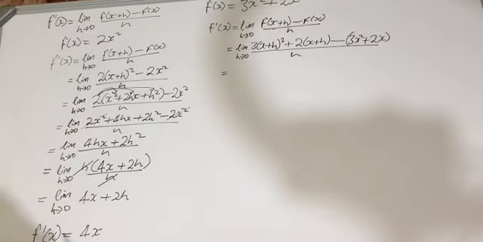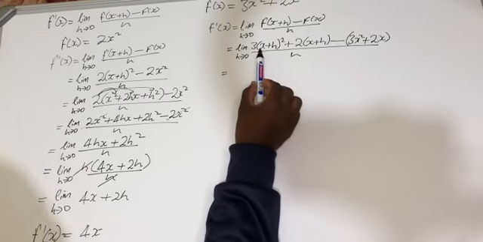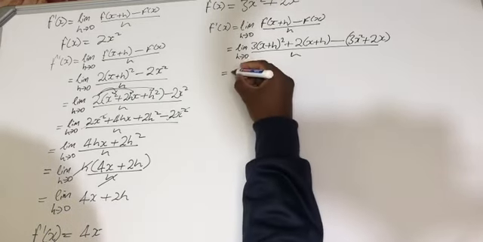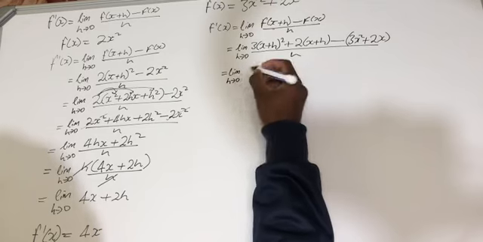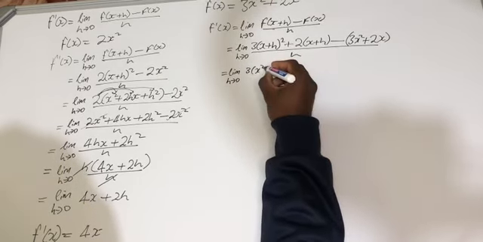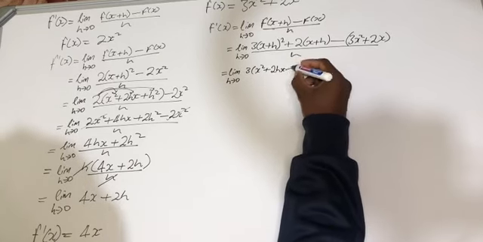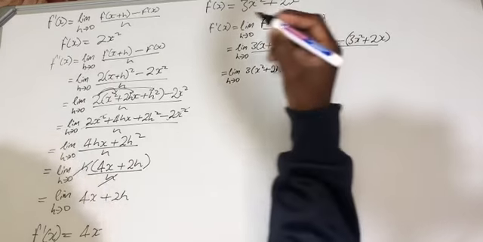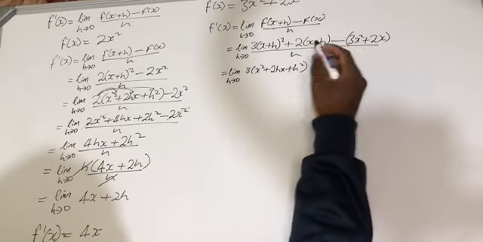And then now let's use our distributive law to deal with this part. So this is going to be limit as h approaches 0. Then this is going to be 3 into (x squared plus 2hx plus h squared). And then we can remove this bracket here.